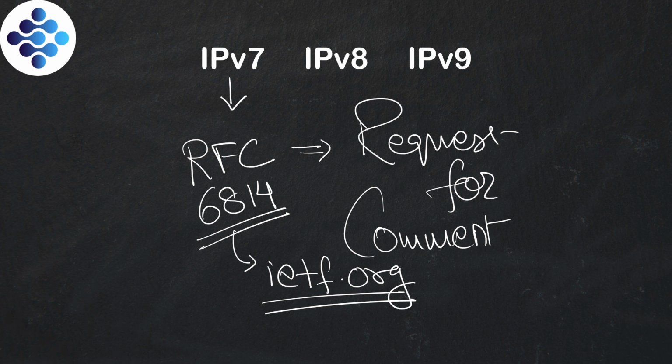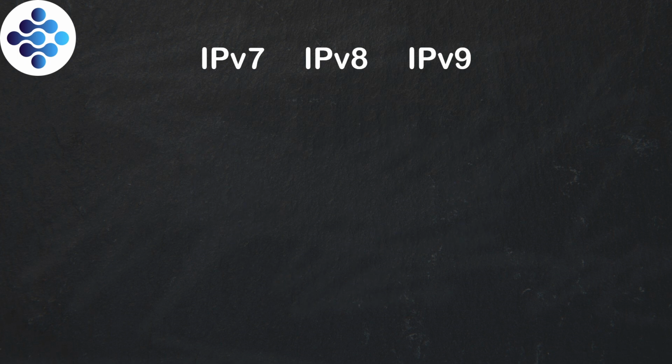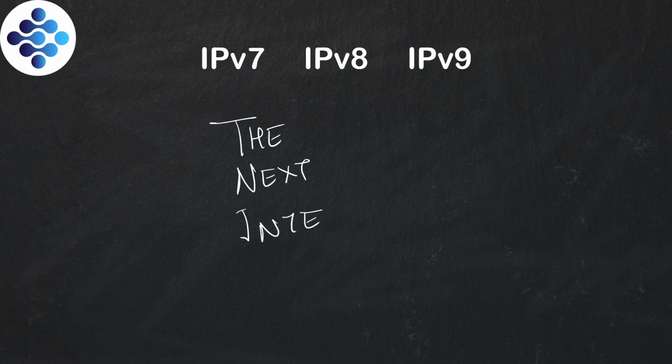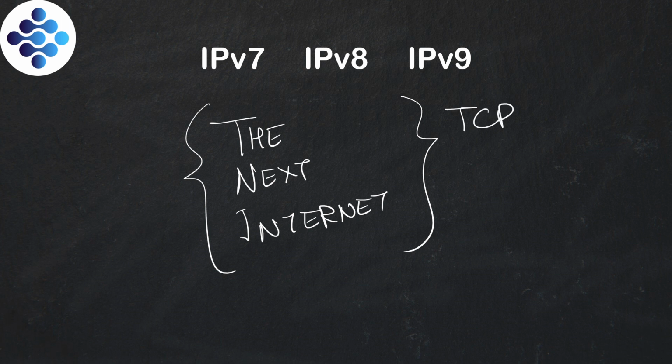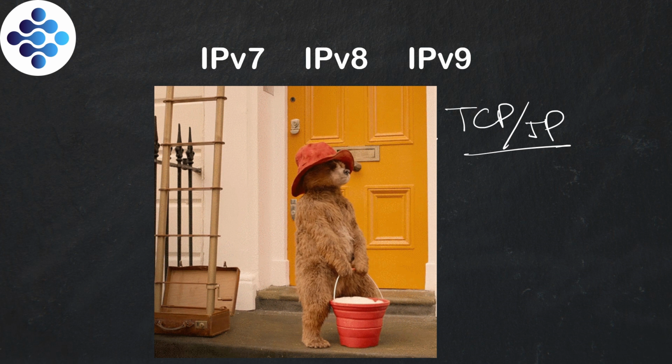IPv7. Now this IPv7 is also called the next internet. Now why is it the next internet? Next internet is because they said that this TCP/IP is very heavy.